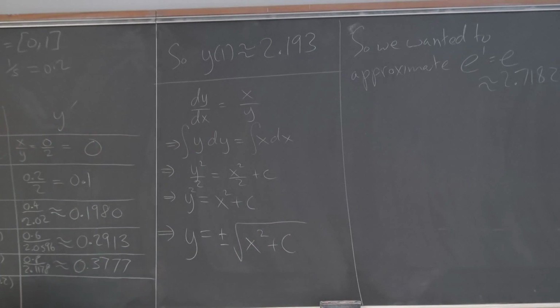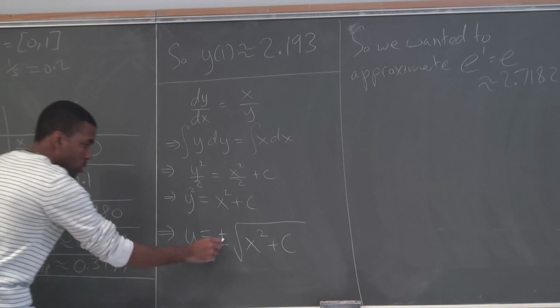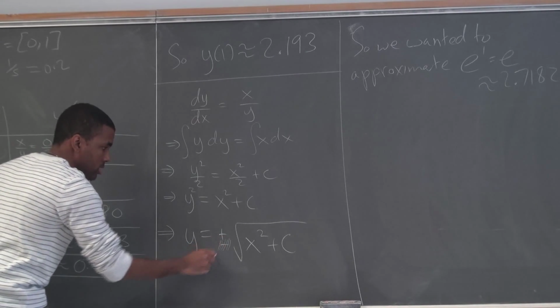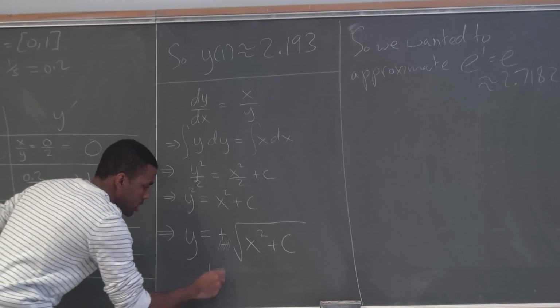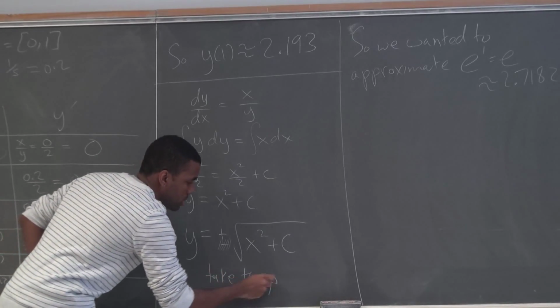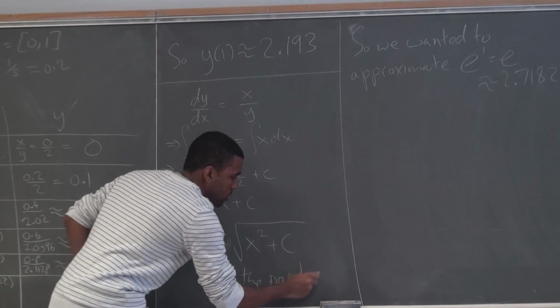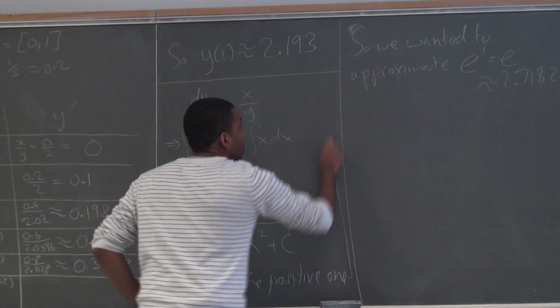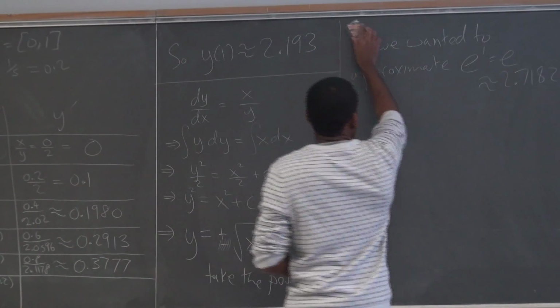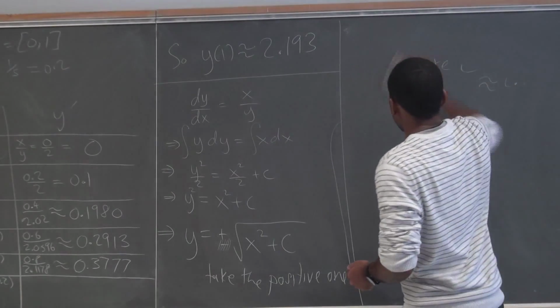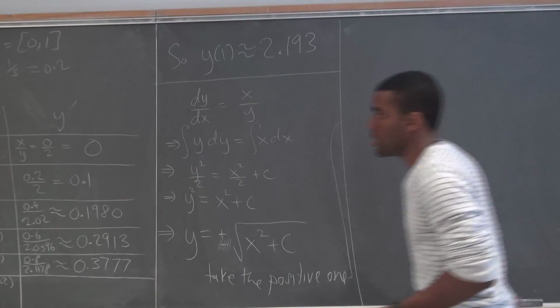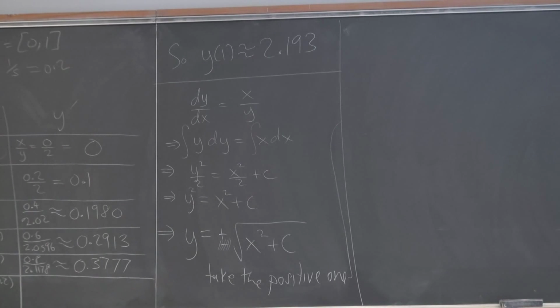Would I take one over the other? Oh, the plus or minus? I'll take the plus because we know the value is positive. Ignore the minus, right? Take the positive one. And we took the positive one because of the initial value. I know my output was positive in the beginning.